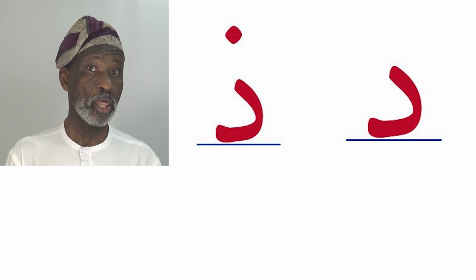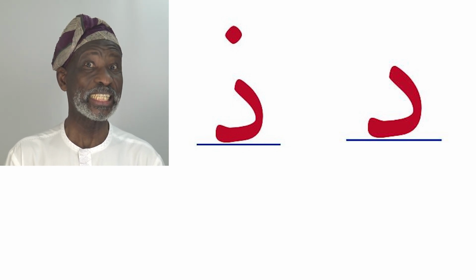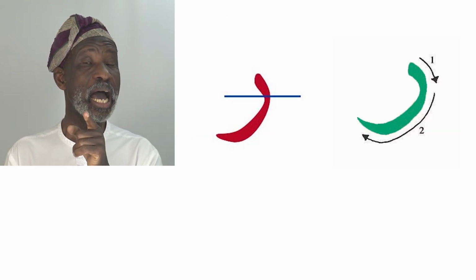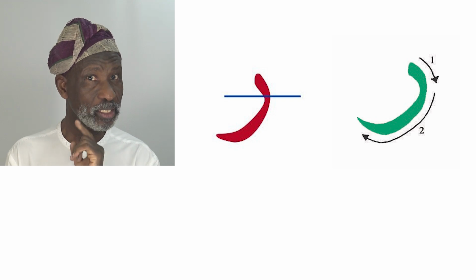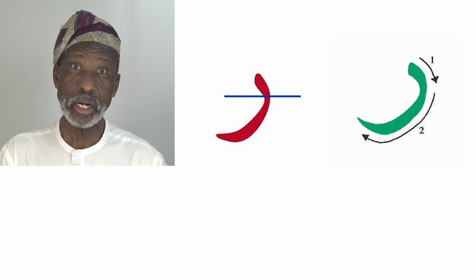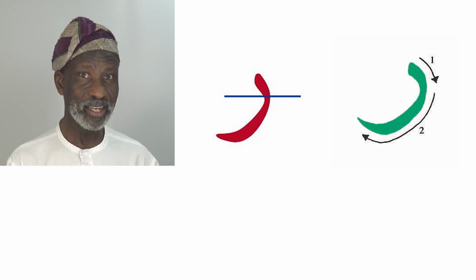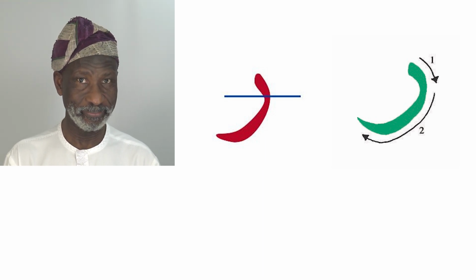Now, let's move to the third one, and it's called ra. Look at the arrow, and you notice that a part of that letter ra is above the line, and the rest is below the line.